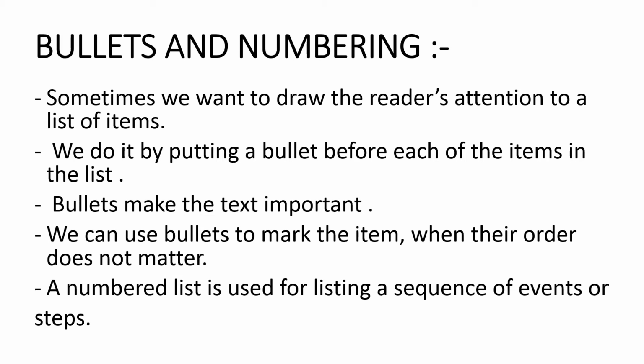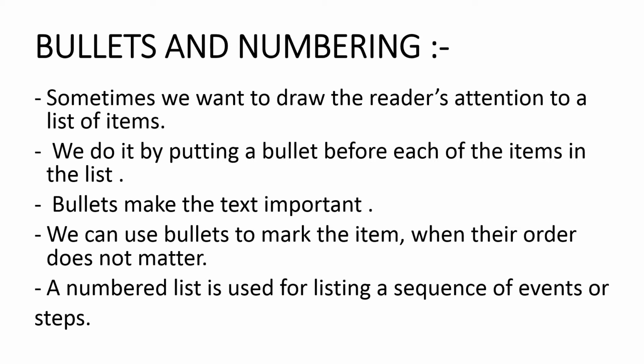Now, sometimes we want to draw the reader's attention to a list of items. We do it by putting a bullet before each of the items in the list, and bullets make the content, the list, very important. These are the few things about bullets, and the next thing that we are going to see is about numbering.